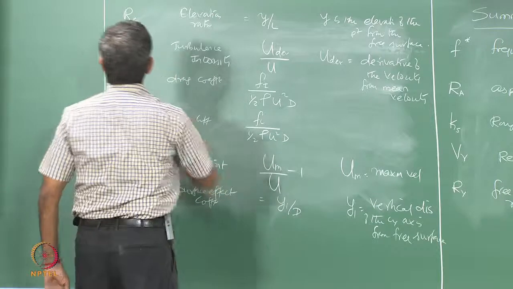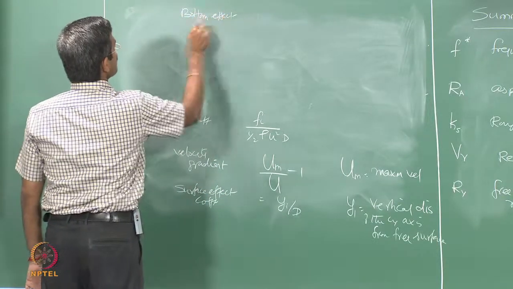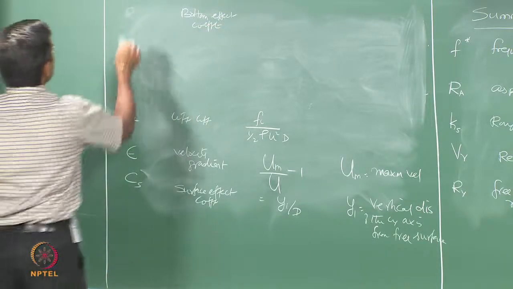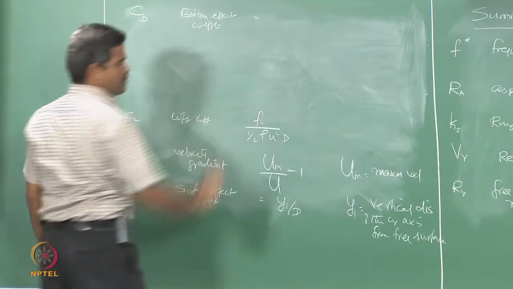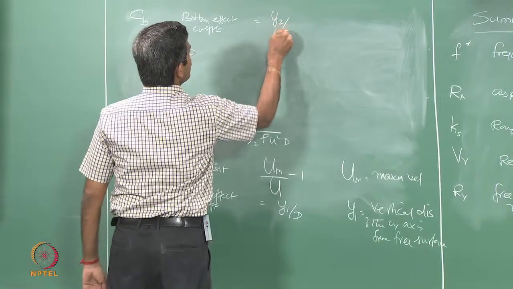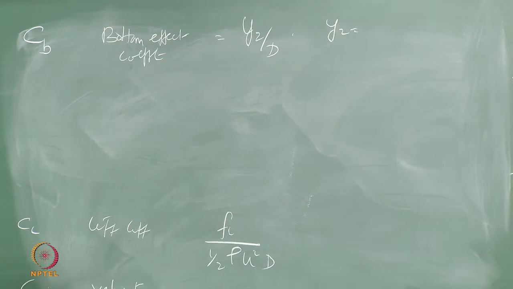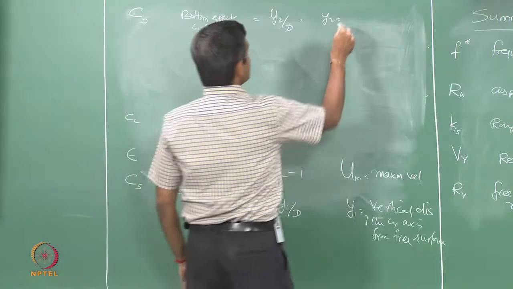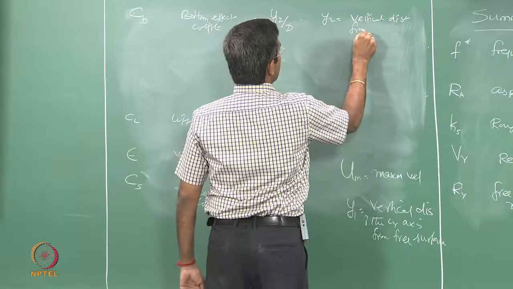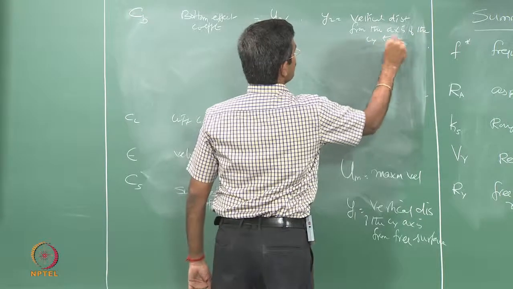Bottom effect coefficient Cb, which is given by y2 by d, where y2 is the vertical distance from the cylindrical axis to the bottom boundary.